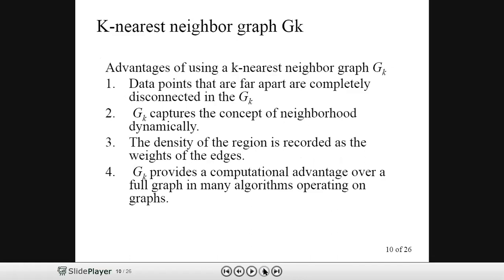Data points that are far apart are completely disconnected, because we use the concept that only the nearest available neighbors get connected. In this way, we automatically separate the data that are far away and not similar to the nearby elements.